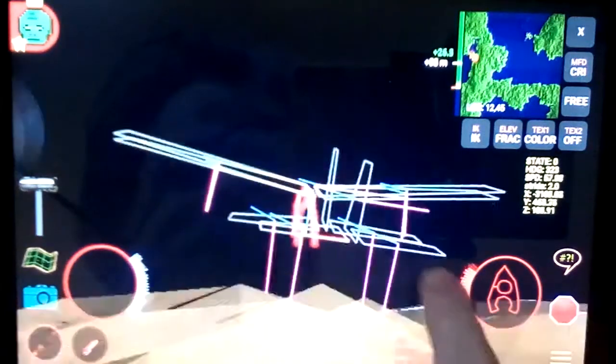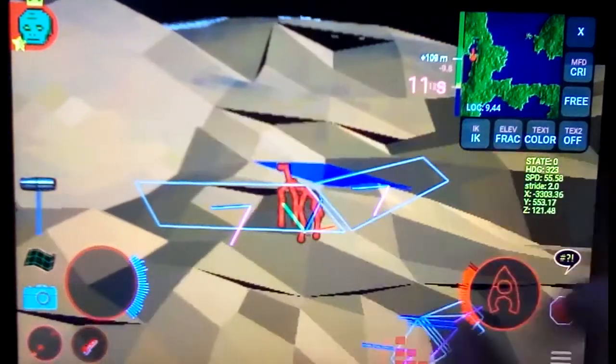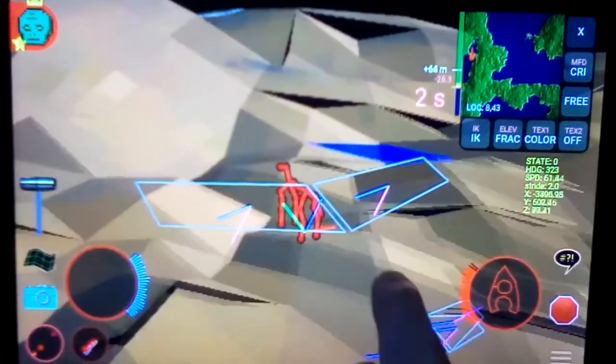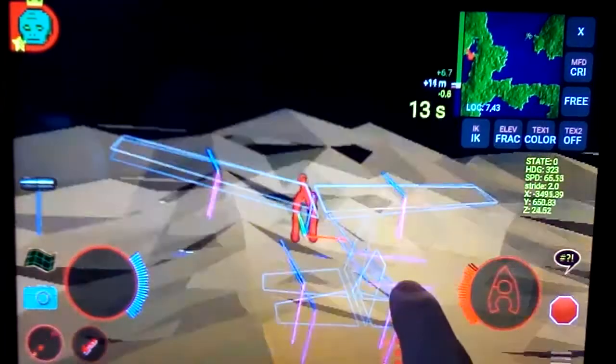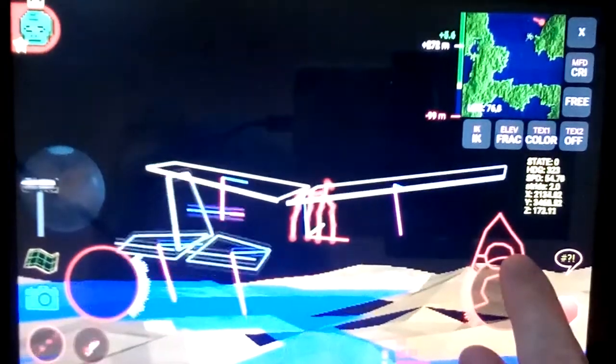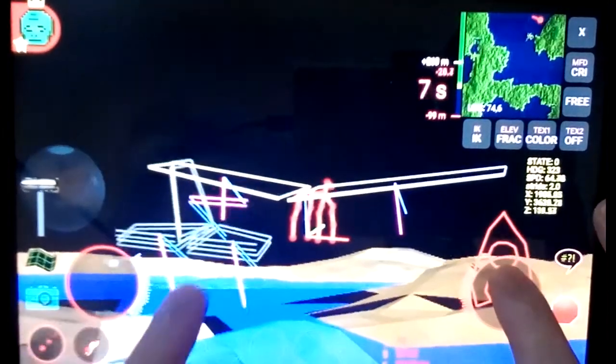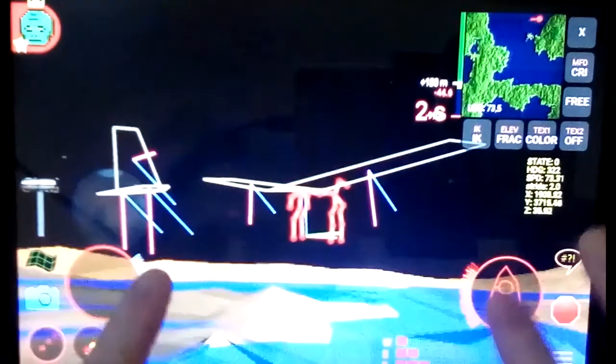But it looks kind of cool in its own little way, and I like the thought that if I'm still using stick figures on everything else, then a stick figure airplane is not that much of a stretch. So here, if I pitch up and down, you can see the deflection of the elevators.